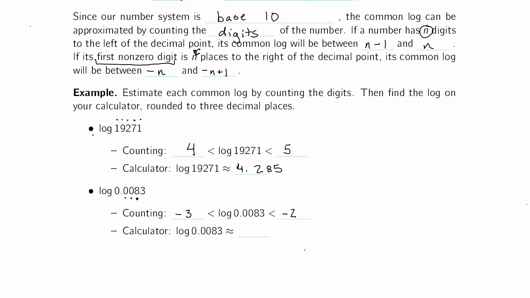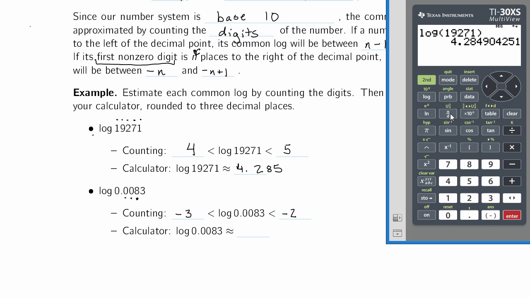And indeed, putting that into the calculator, we see that the log of 0.0083 is -2 and a bit. So it's -2.081 if we round to 3 decimal places again.